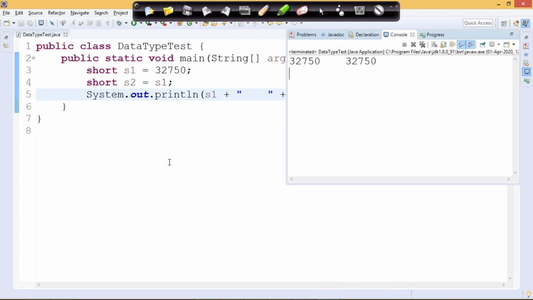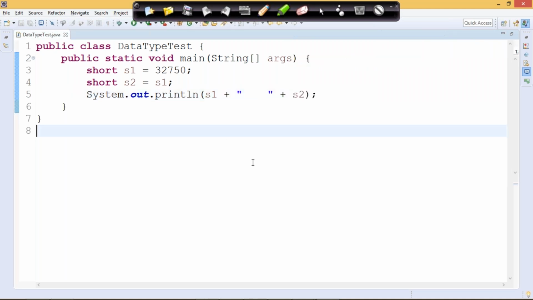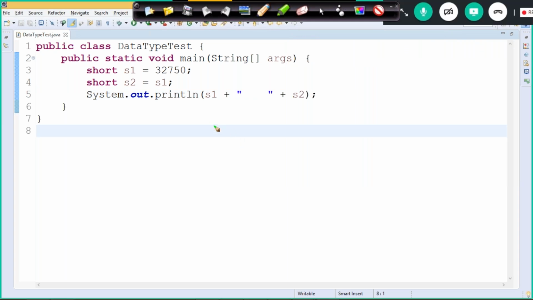Observe this output. To explain this concept, you have one variable of type short, that is S1, and S2. How am I getting confused between right side and left side?